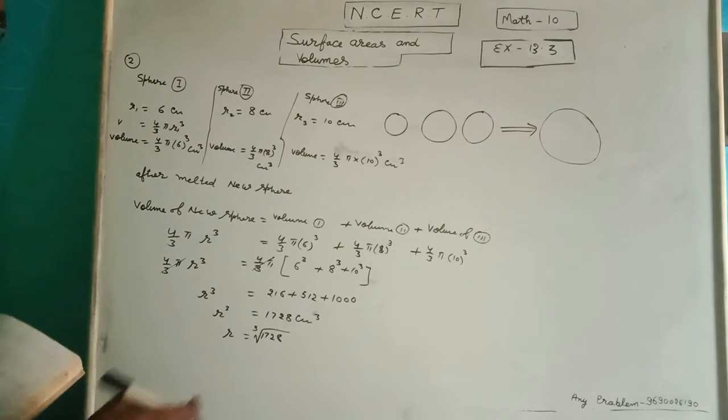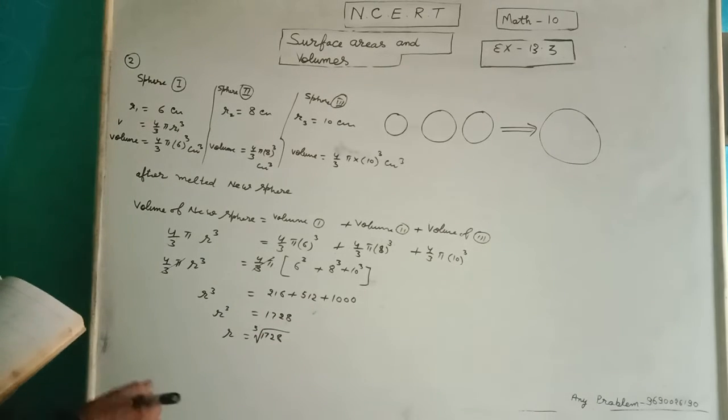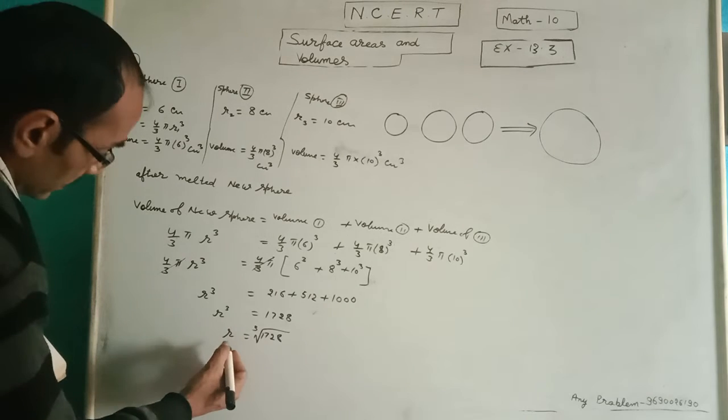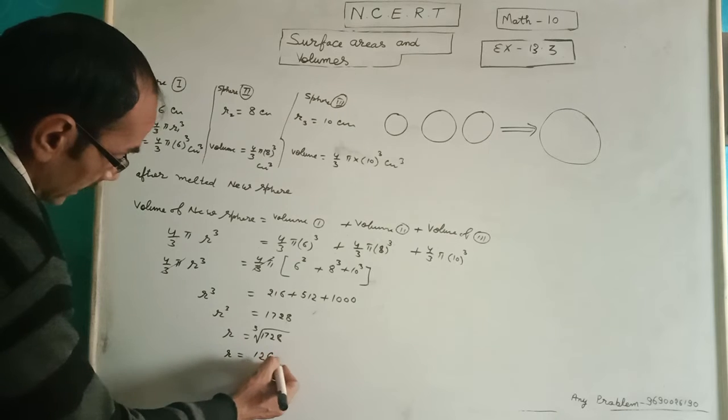Cube root of 1728 is 12. R is equal to 12 cm.